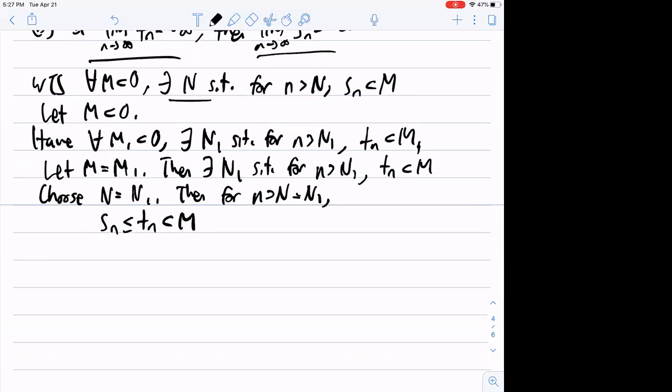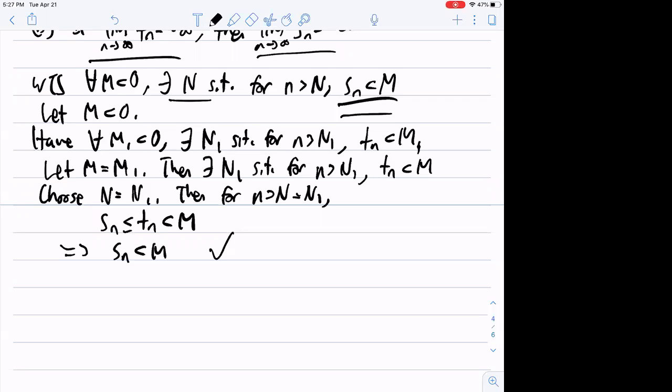So by the transitive property, Sn is less than m, and that is what we wanted to prove. In this case it wasn't that bad, since your n and n1 and m and m1 were just the same.